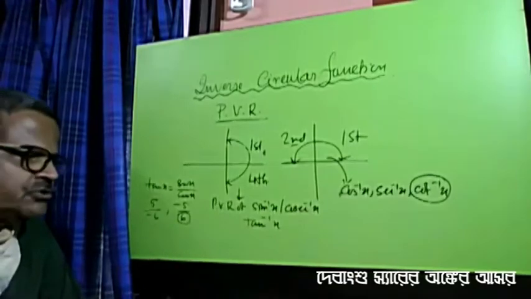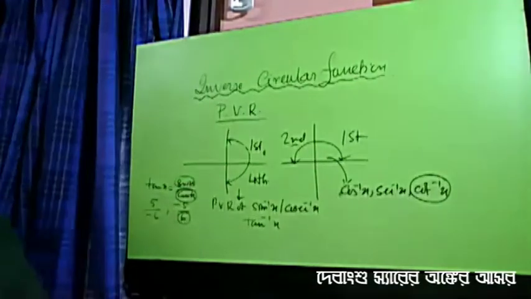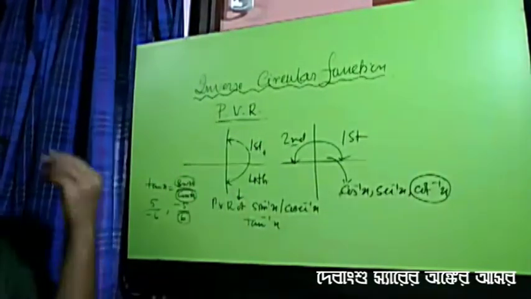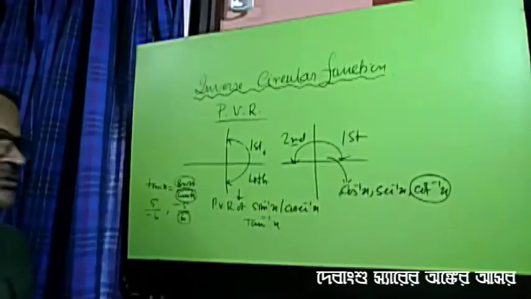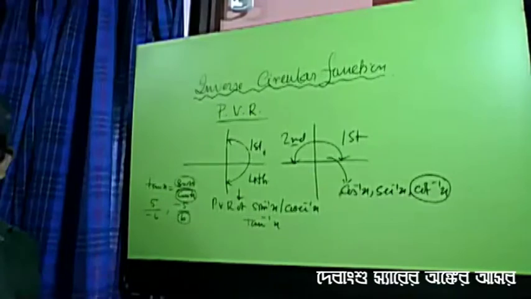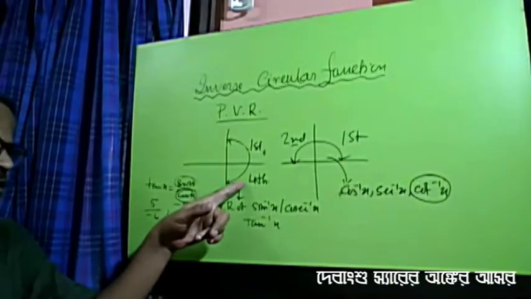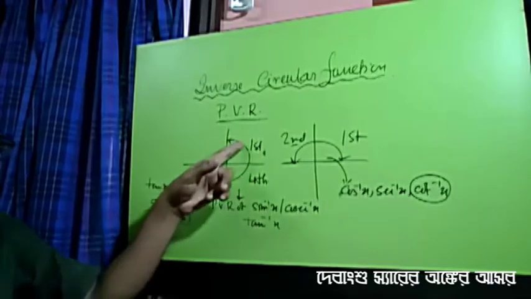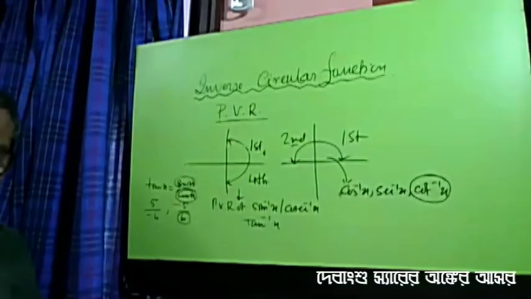Since tan is sine by cos, you have to choose for positive values the first quadrant, automatically. For negative values, you have to choose a quadrant in which cos is positive and sine is negative. So in case of tan inverse, these two are considered as principal values.